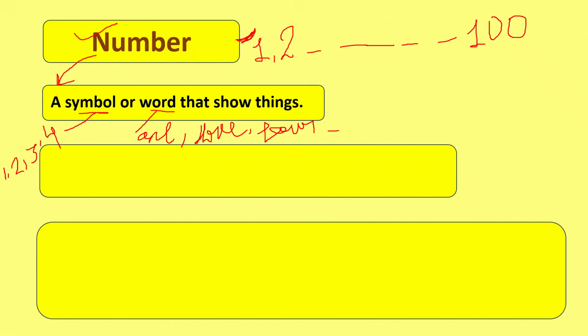And it shows the things which are around us. What is the meaning of things? Anything which is around us.